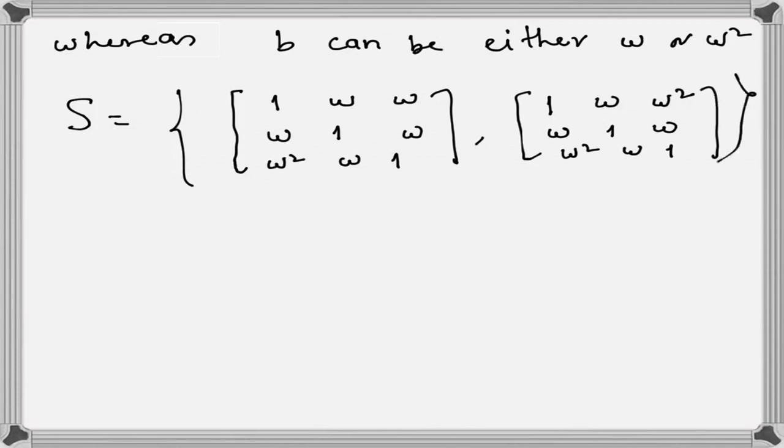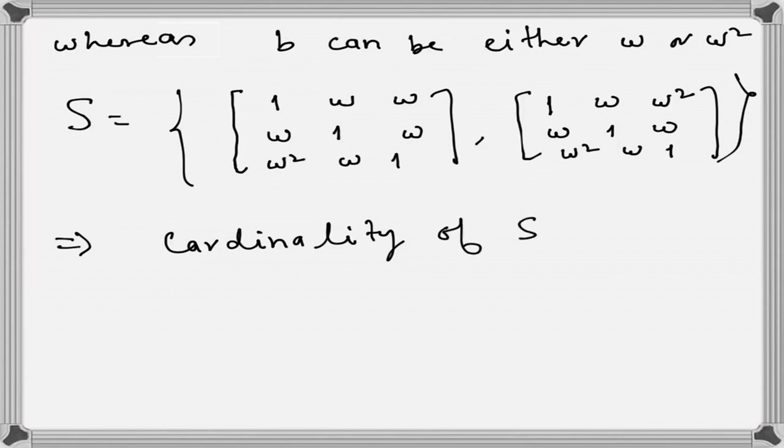So these are the possible matrices. Okay, so this means S can have only 2 matrices. This implies the cardinality of S, also denoted by this mod, is the number of elements in S. This is equals to 2. So this is the final answer.